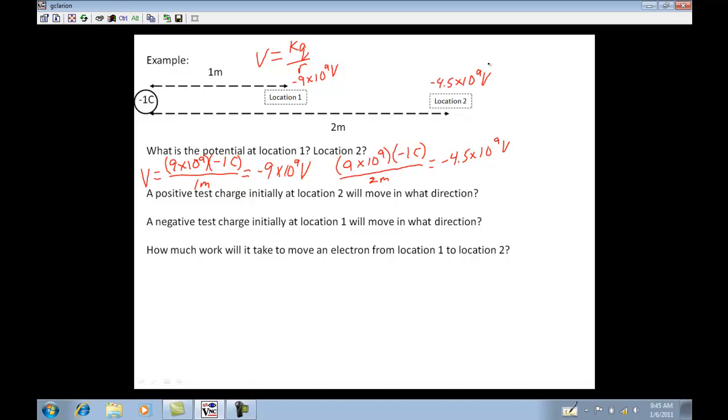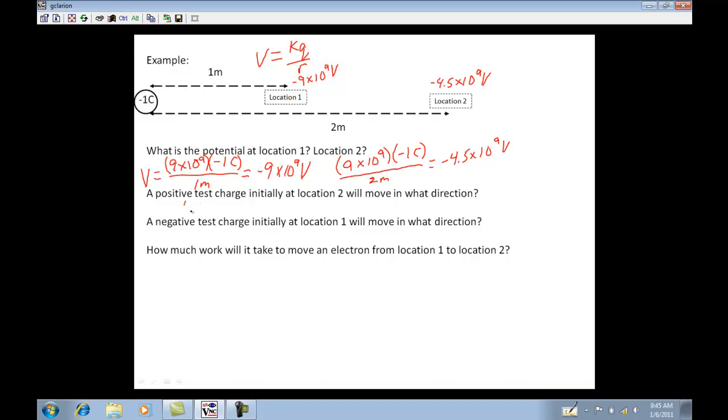All right, so this next question says a positive test charge initially at location 2 will move in what direction? So if I put a positive test charge at location 2, which way is it going to move? Towards the left. Good.